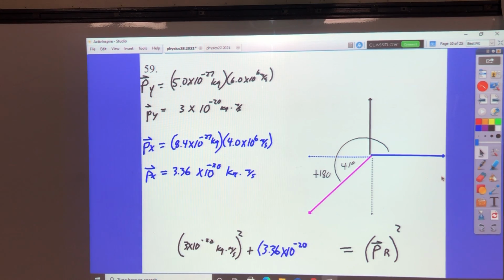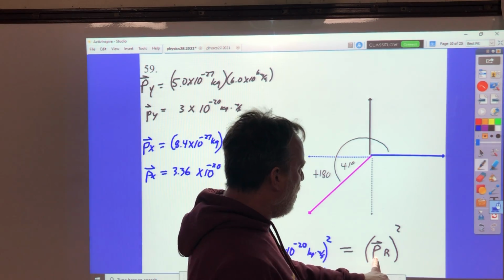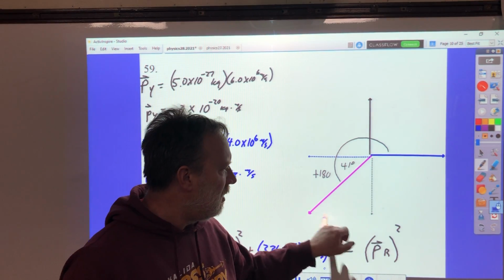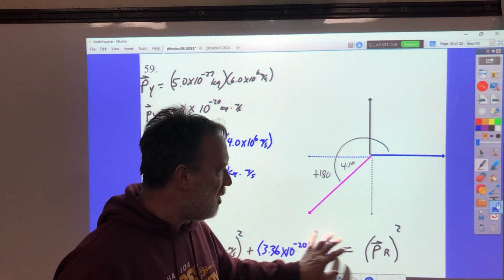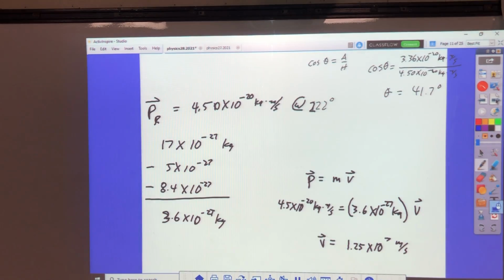And then you can change that to velocity if you need to. There. So the momentum resultant this way is a squared plus b squared equals c squared. You've done that. You know how to do it.